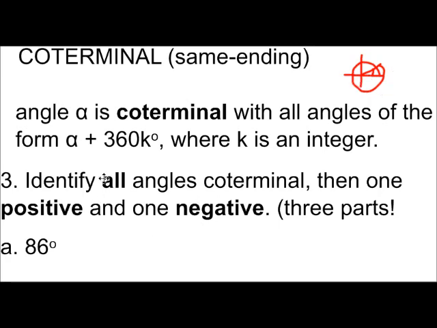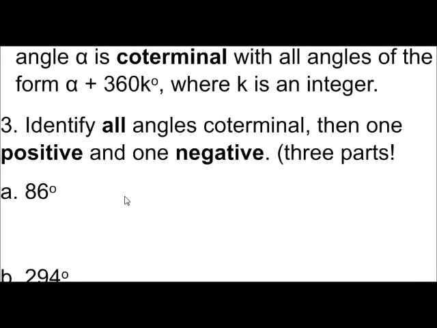So to find all angles coterminal with your given angle, all you do is you say 86 plus 360k degrees. I always have trouble with the degree sign, so let's just draw it in this time. All right, 86 plus 360k degrees, that's all angles. This is just a formula for all of them.